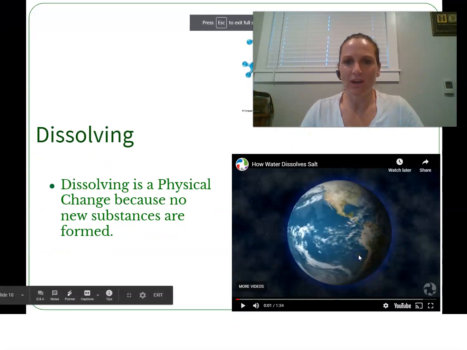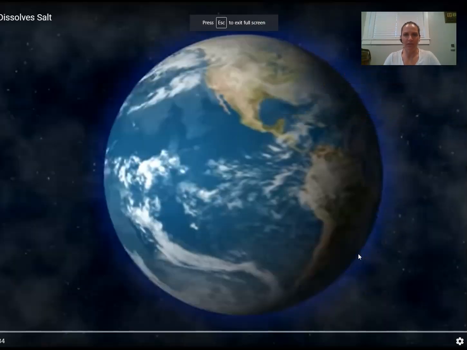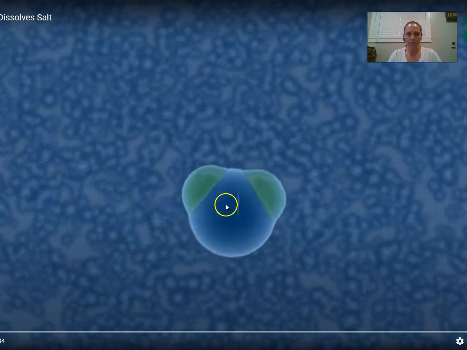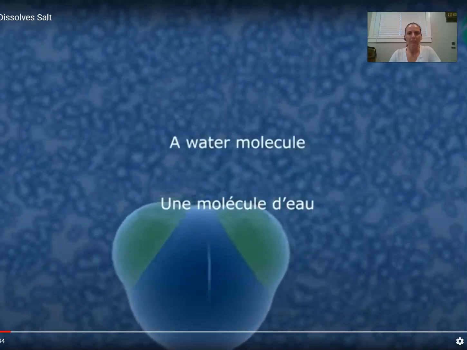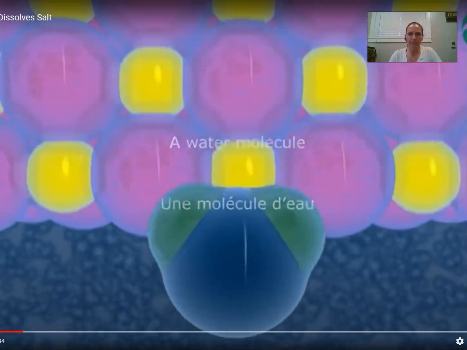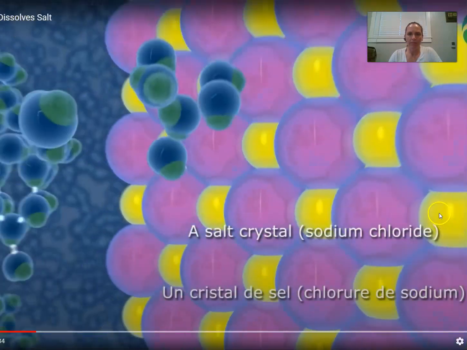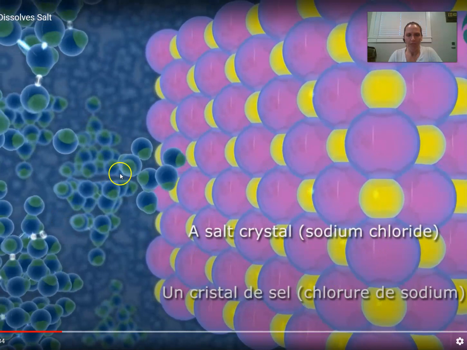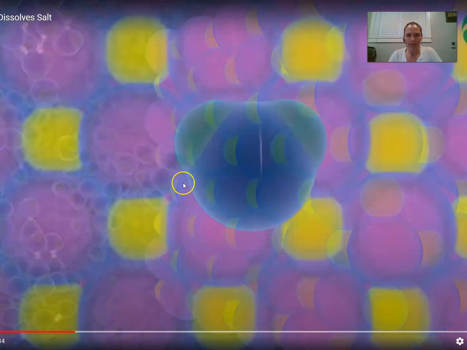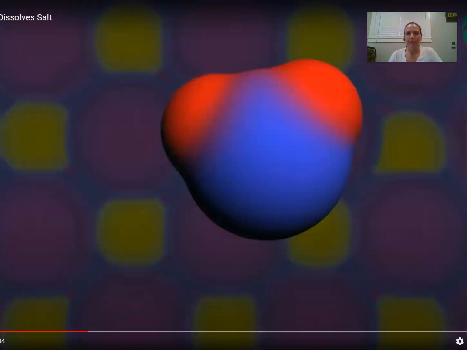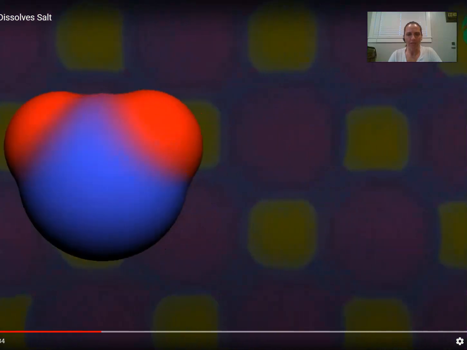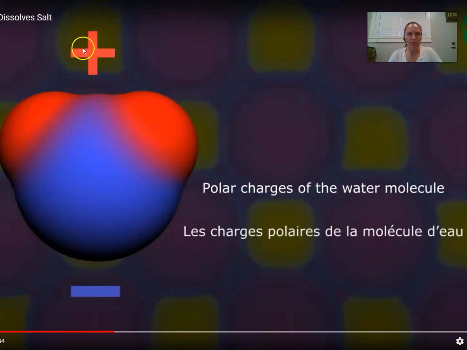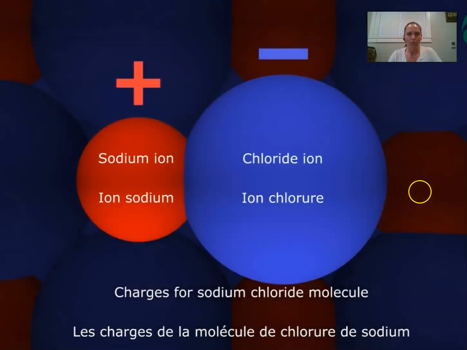I want this video on the process of dissolving. So these little guys, these are the water molecules. They look like little Mickey Mouse. And here they are coming up against a crystal like sodium chloride. And you can see that they come up right next to the sodium chloride, and based on their charges, the positive charges of the hydrogen and the negative of the oxygen, they're going to be attracted to the molecules.